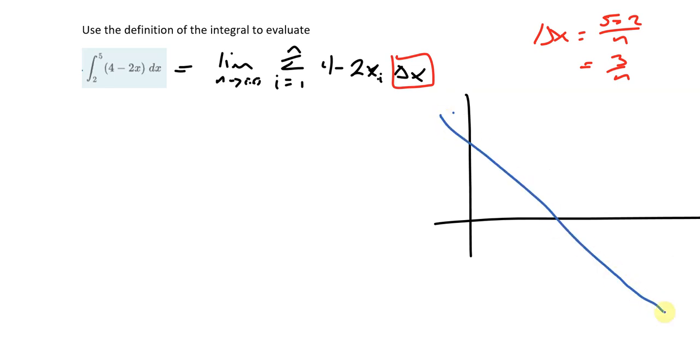So the x-intercept of this graph is at 2, and we want to go all the way over here to 5. So we're counting by 3 over n's, right? So each little rectangle is going to have this base where we're counting our delta x's are 3 over n, okay? And we're going to go over and over and over.